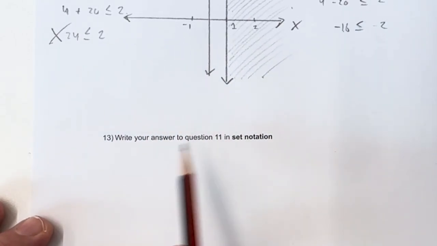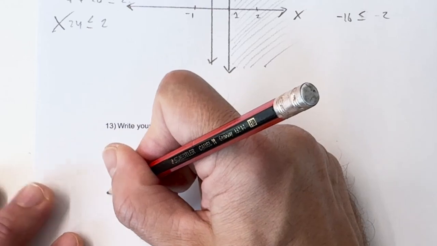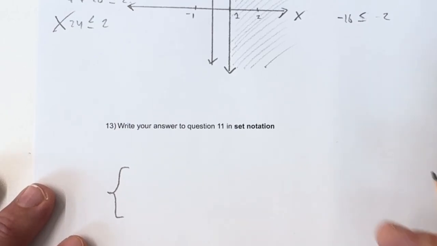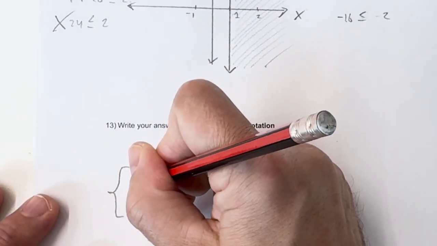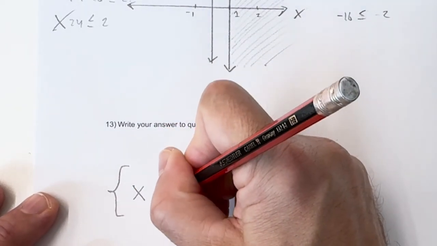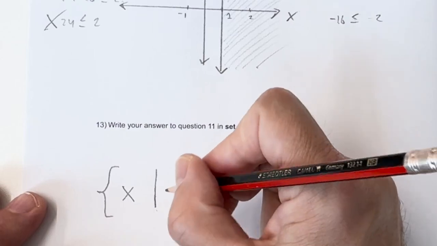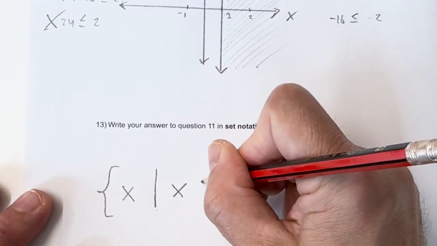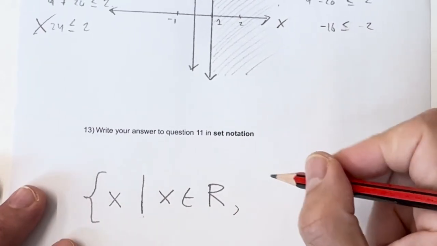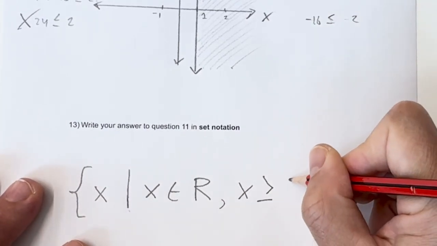All right, last one. It says write this in set notation. Okay, so set notation is basically saying you write this first. It says I have a set of numbers, okay? What are the set of numbers we're talking about? Well, we're talking about x. We're talking about x such that we all agree, or we all know that x is a part of the real numbers, not imaginary, and x is greater than or equal to 1.